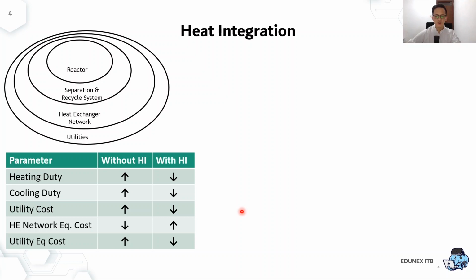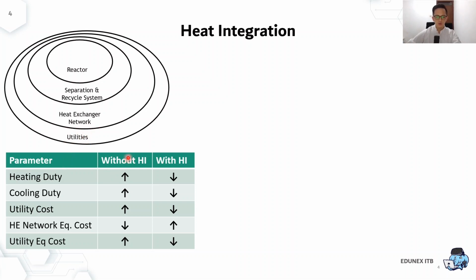So what is really the advantage or the benefit of applying heat integration? We always go back to this onion chart about the hierarchy of the process design. We've already finalized the reactor and the separation and recycle system. Now we have to continue into the third and fourth layer, which is to perform a heat exchanger network so that our utilities can be minimized.